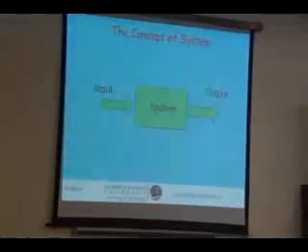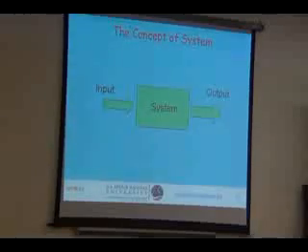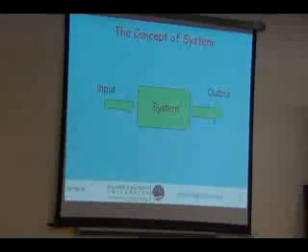Now, what we have to see is the concept of system. It is a very useful thing, because this approach we are going to deploy in many instances. So we have to understand the idea of system very thoroughly.